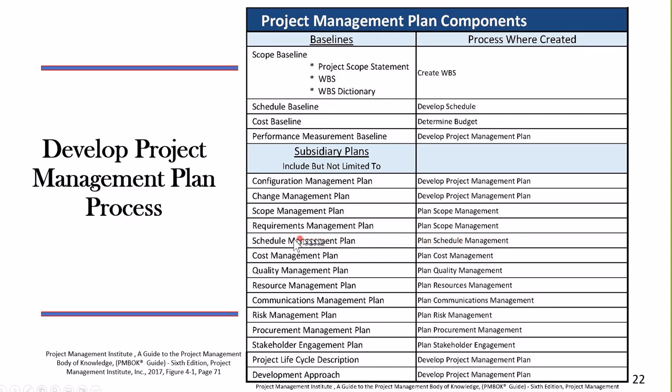Plan schedule management gives us the schedule management plan. Plan cost management gives us the cost management plan. Create WBS gives us the scope baseline. Develop schedule process gives us the schedule baseline. One plan made up of 19 subcomponents.